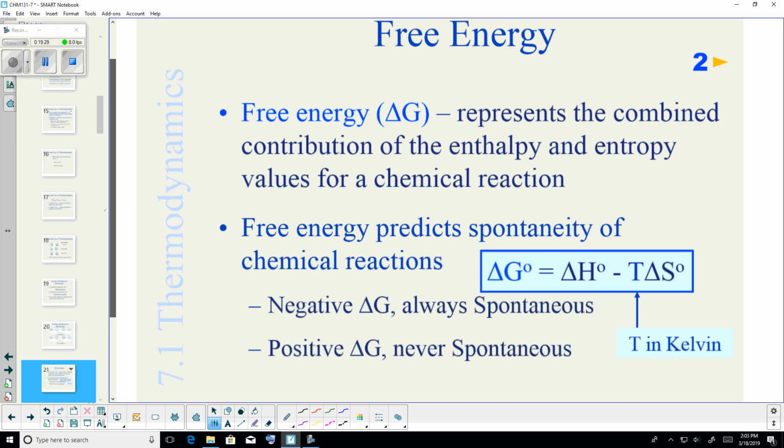Delta H is positive, delta S is negative. You have a positive minus a negative, which will always give you a positive. Delta G is always going to be positive or non-spontaneous. For the other two, depending on what the temperature is, will determine whether it's spontaneous or non-spontaneous. Bless you. That was spontaneous.